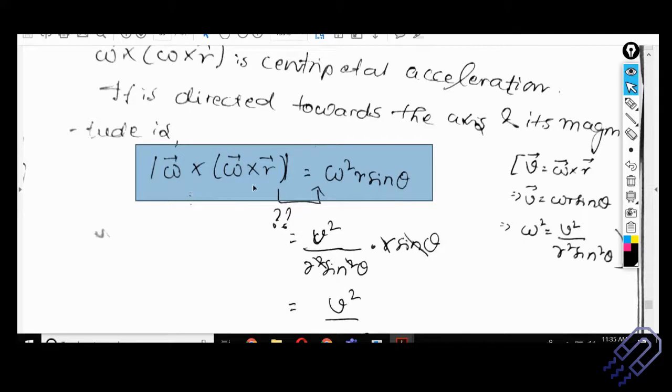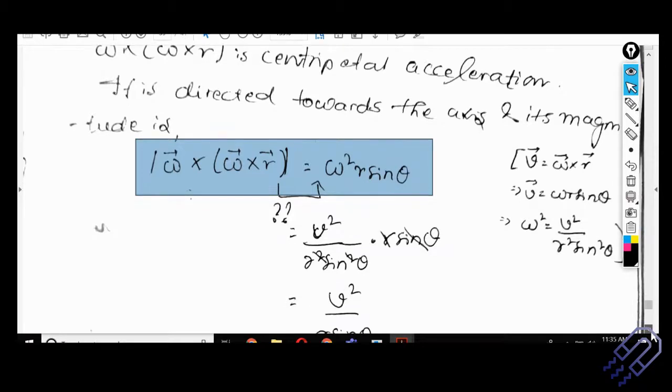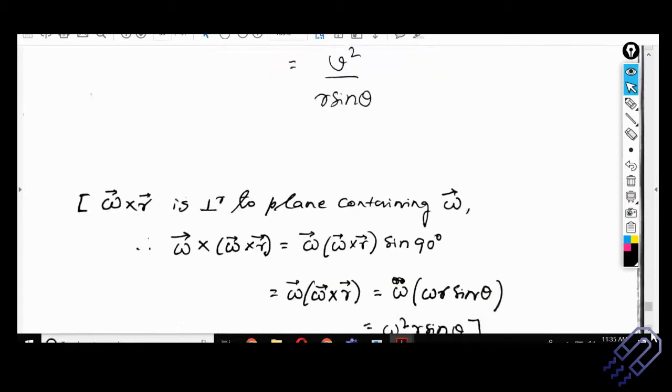So you write it as omega square r sine theta. This is what we saw the other day, the simpler form of the centripetal acceleration.